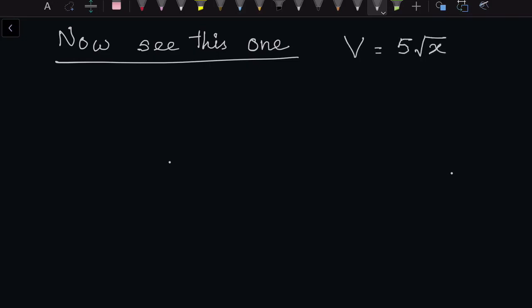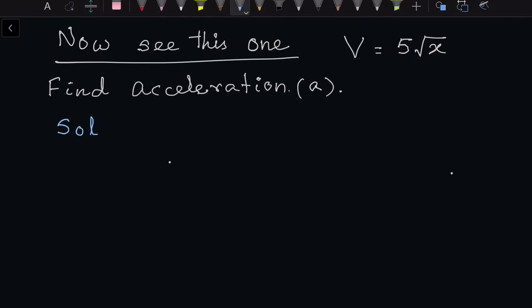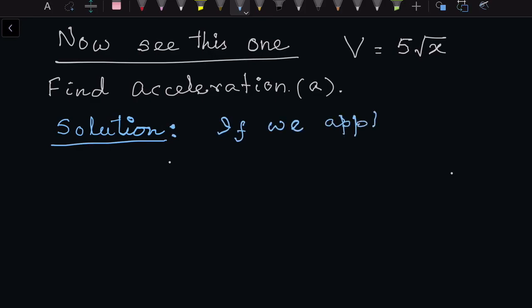How to apply this in sums? Suppose this is a sum: v equals 5 root x. Here v is velocity, x is displacement, and you have to find acceleration. So we apply d by dt of v equals acceleration a.